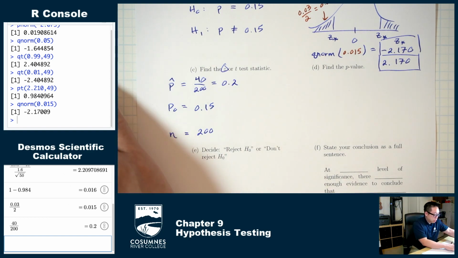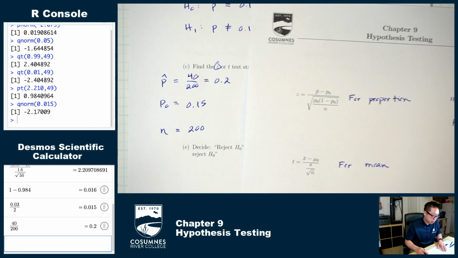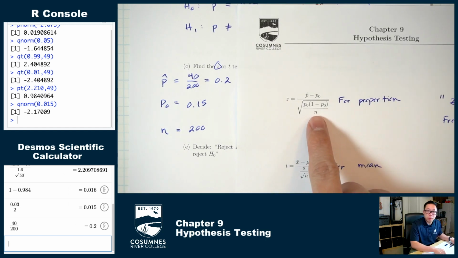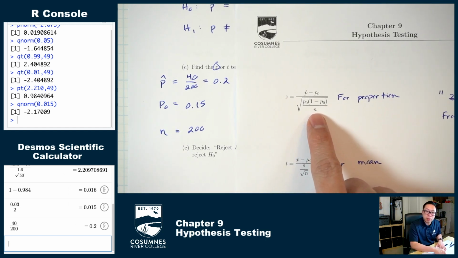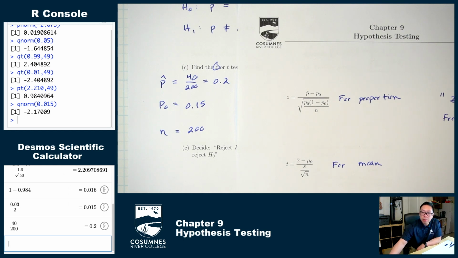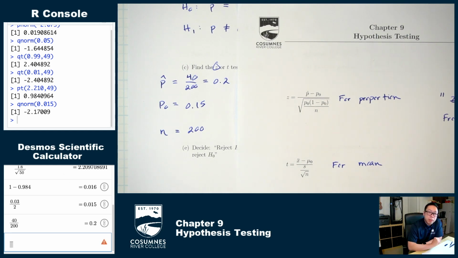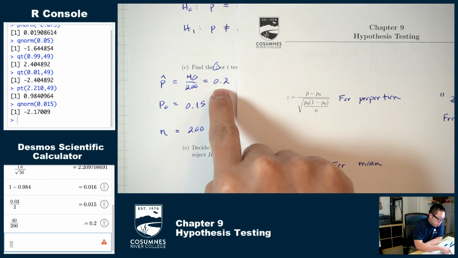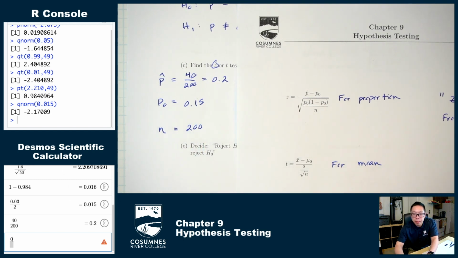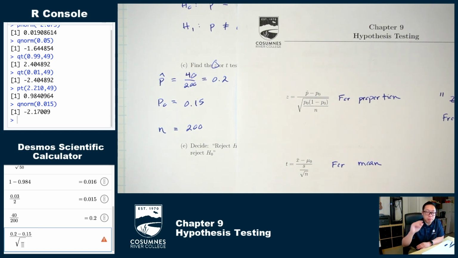And then plug this into our formula for z. So I'm going to type this directly into Desmos. Fraction, up top, p hat minus p0, so 0.2 minus 0.15 up top. On the bottom, big square root, so square root fraction, so that makes sure that the fraction is inside the square root.